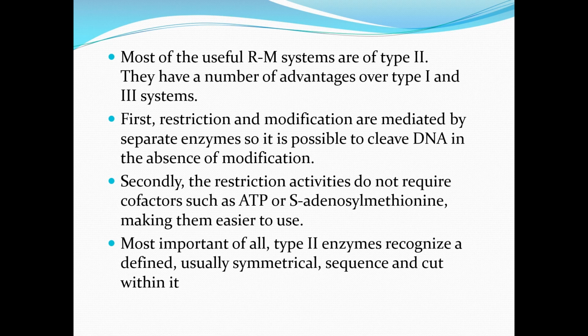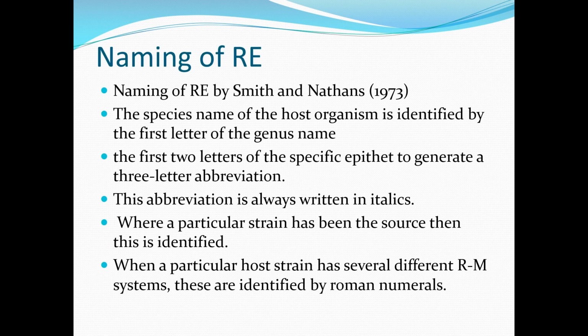Secondly, the restriction activities do not require cofactors like ATP or S-adenosyl methionine, which should make them very easy to use. Most important of all, the type 2 enzymes recognize a defined symmetrical sequence and cut within it.